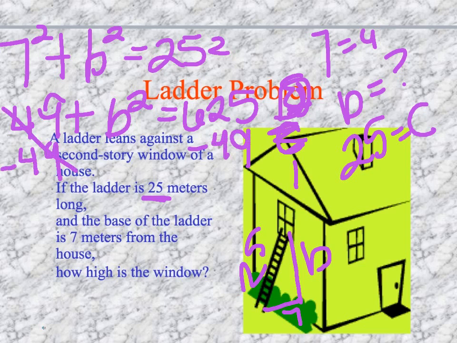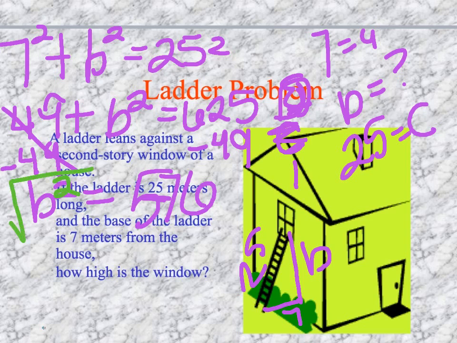That cancels each other out. So B squared equals 625 minus 49, and that is 576. Right, so we've got to get rid of this squared. So the inverse of something squared is by taking the square root.